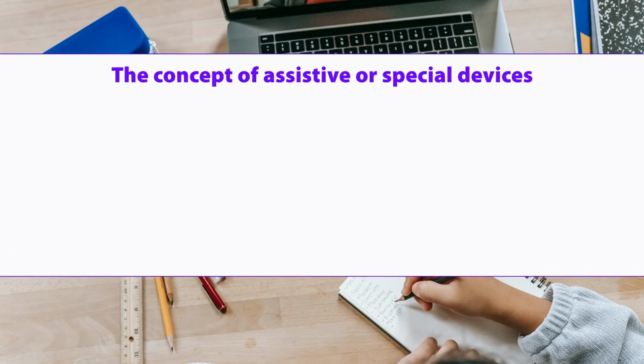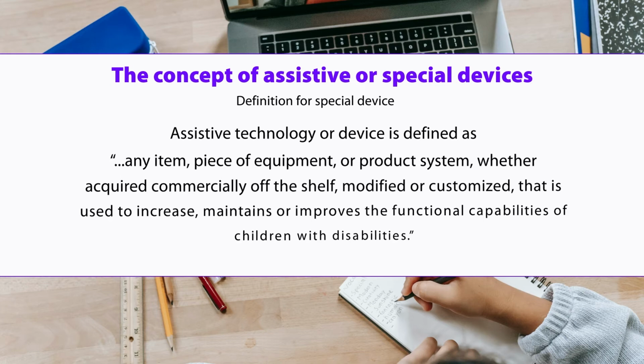That means starting from the entry till their exit, they may need one or the other kind of support services. These can all be done through ICT and with the use of assistive or adaptive technologies. Then we can talk about the concept of assistive and special devices, which is the focus of today's topic.